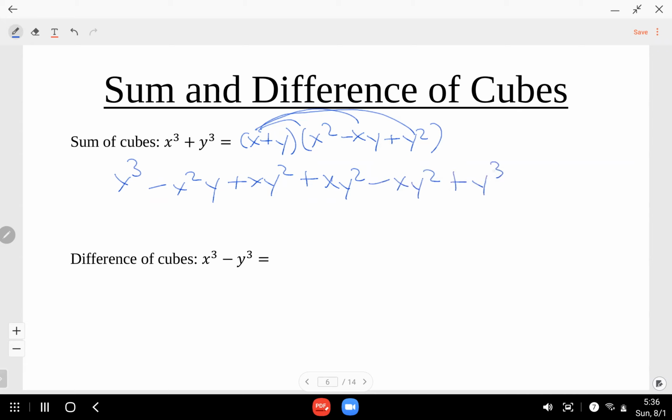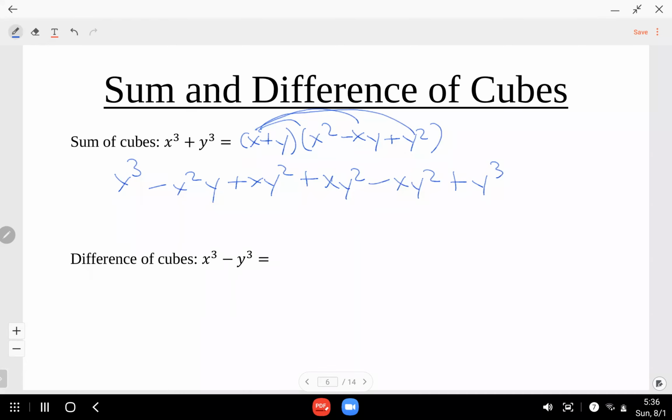All right, so basically you see here, it just cancels itself out a lot, right? Hold on. It does cancel itself out.